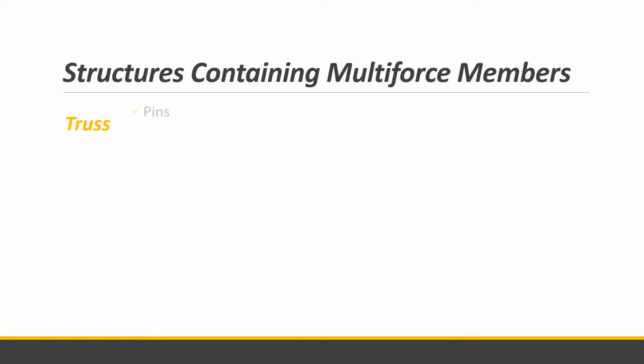So let's review. A truss is connected by pins. The member is connected at its extremities, meaning pin to pin is the length of a single member. Each member is straight and a two-force member.